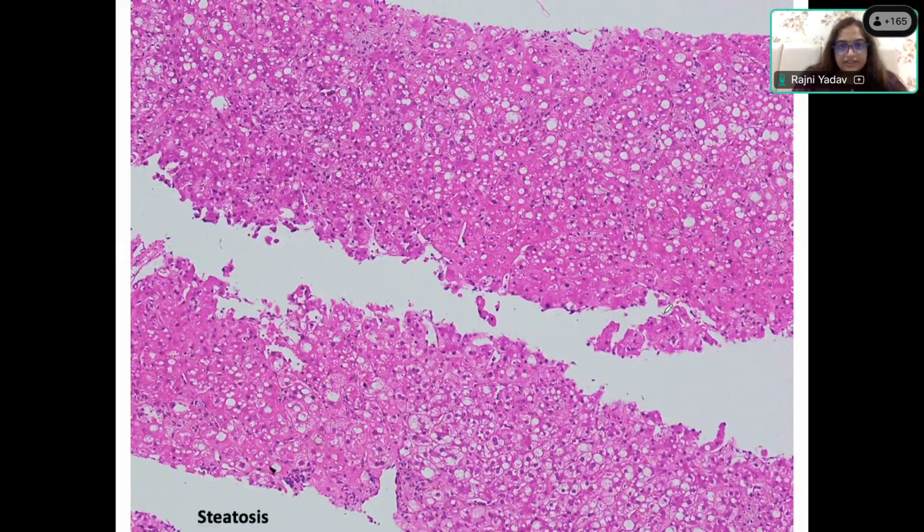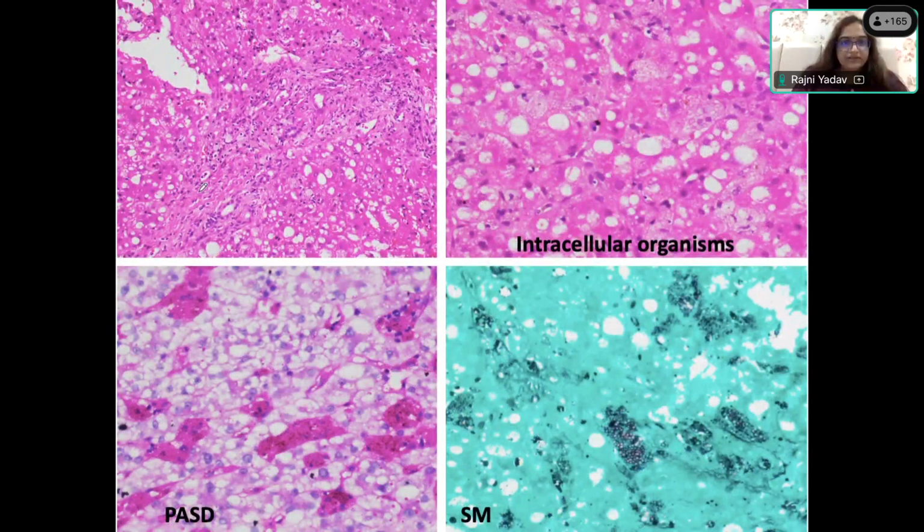Now this is another interesting case. So we have got a lot of vacuoles here and ballooned hepatocytes. So is there anything particular which is striking to you people? Here we have these portal areas, some inflammation, some ductal proliferation. And see, other than hepatocytes, there are macrophages in the sinusoids, which are actually stuffed with something.